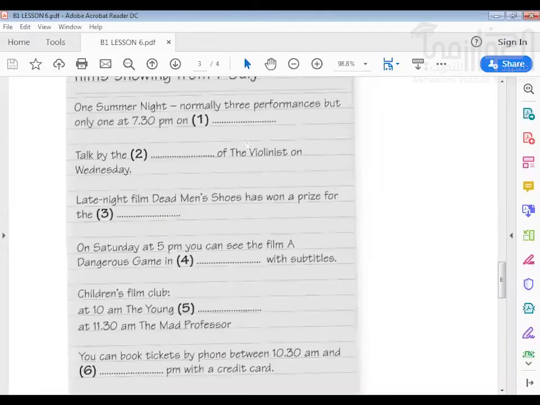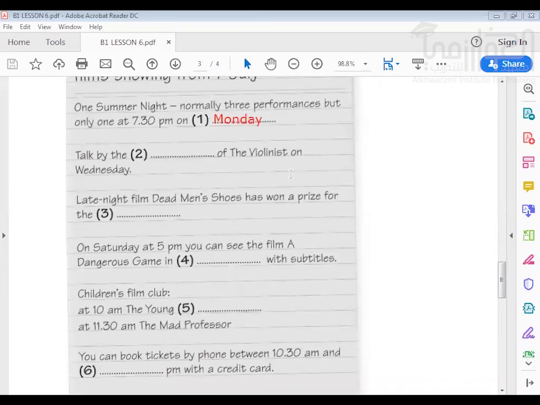Okay, so now let's look at the answers. Now you can repeat the recording 2 or 3 times so that you get the correct answers. So now let's look at the answers. So 1, we have here what on. The answer should be Monday.